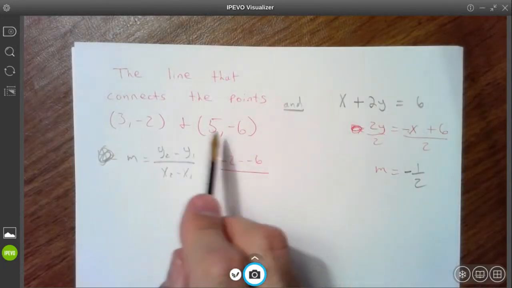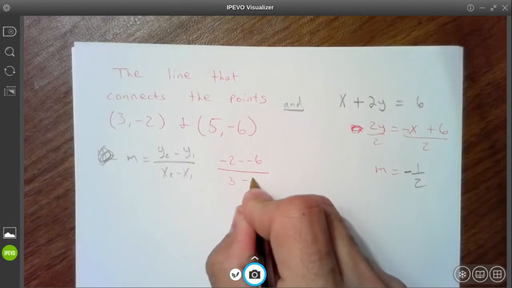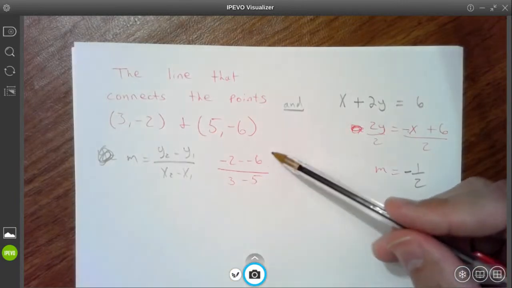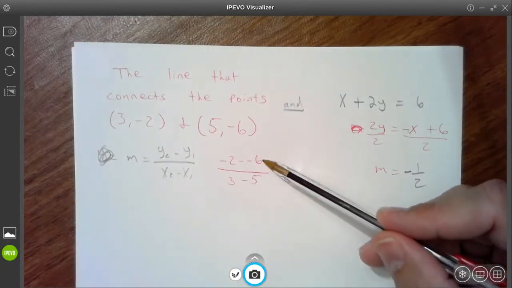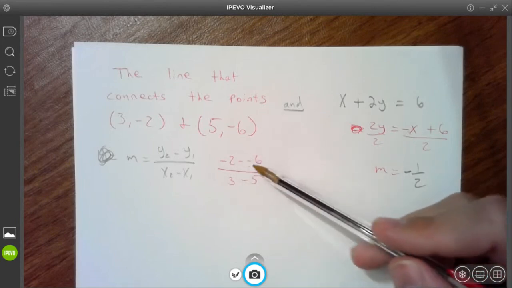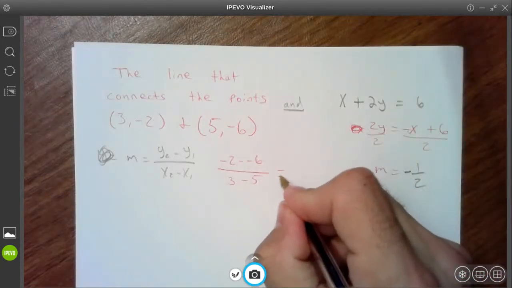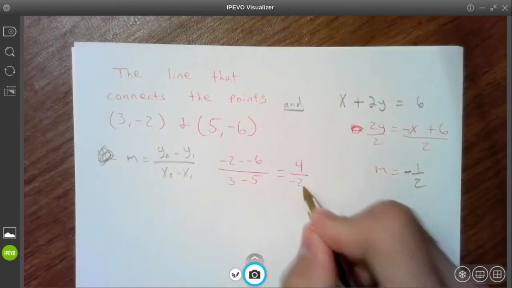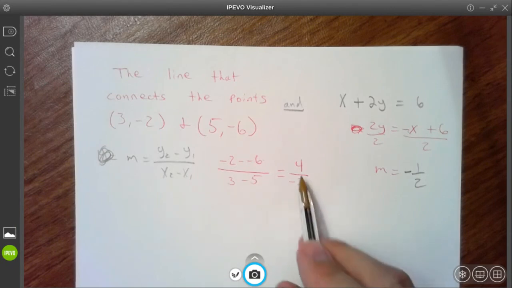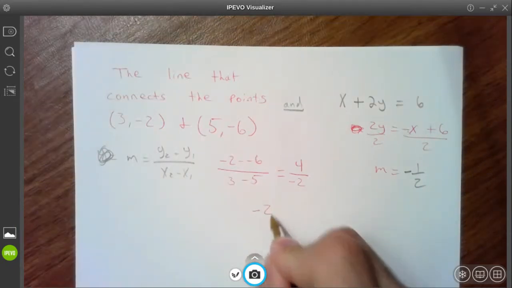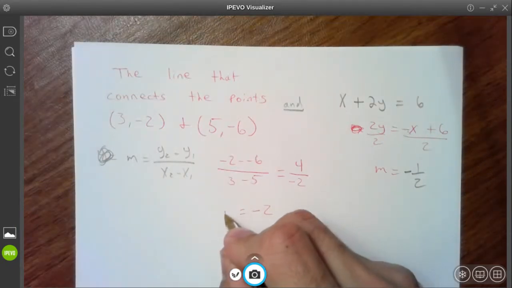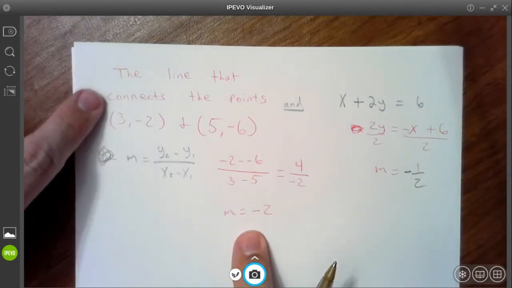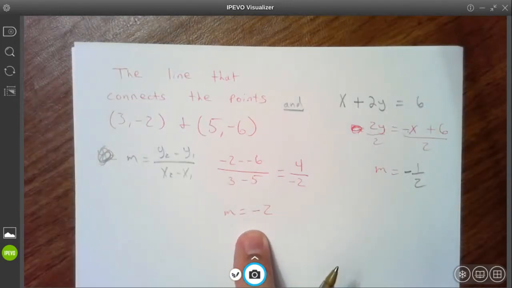And then we'll do 3 minus 5 on bottom. That's going to give me a positive 4 on top because I get negative 2 plus 6. And then the bottom, 3 minus 5 is negative 2. That's going to simplify down to negative 2. That would be the slope of the line that connects those 2 points.